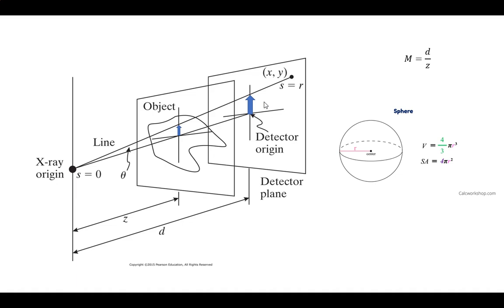In addition, there's a second effect that's going to go on here, right? If you think on that detector as they're moving out, if I'm following the upper path here that goes to the top of this object and that hits out there at point XY, which is distance R from the source.